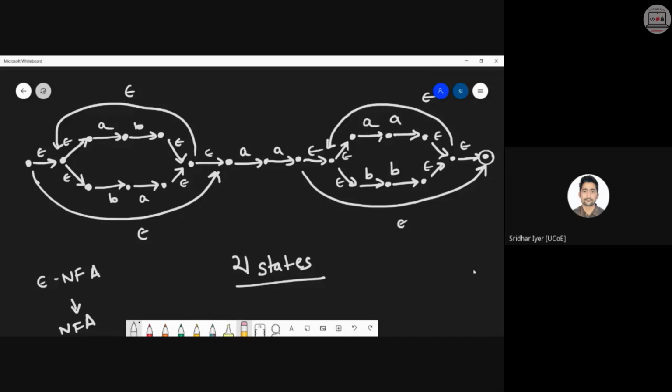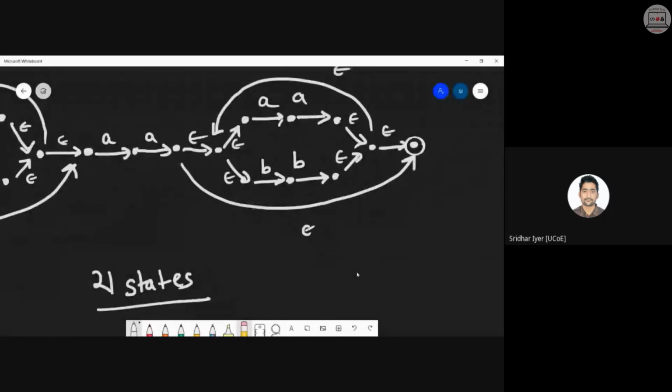It's very simple actually. Only logic is just keep in mind the closures. Closures are very important. People end up making mistakes in closures. Keep one thing in mind: even if you're having an extra state, that is no issue, but don't skip a state. Here, even if it were 22 instead of 21, for example if I had added one more epsilon in between, it would not be wrong. But if you skip this epsilon over here, you skip this epsilon over here and complete the answer in 20 states, that would have been wrong.